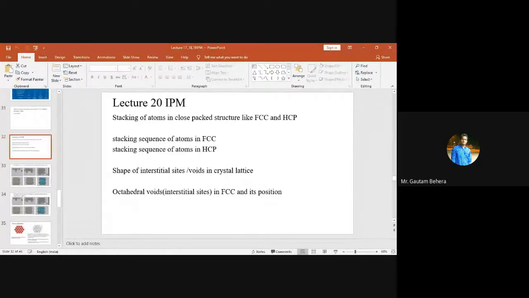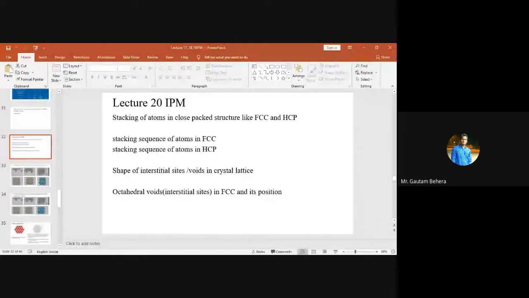So voids, if you remember, whether it is FCC, BCC, or HCP, we have voids, obviously. Even after close packing, some voids are still left behind. If you remember, the packing efficiency of FCC is 74%, and HCP is also 74%, but the leftover amount will be the voids.